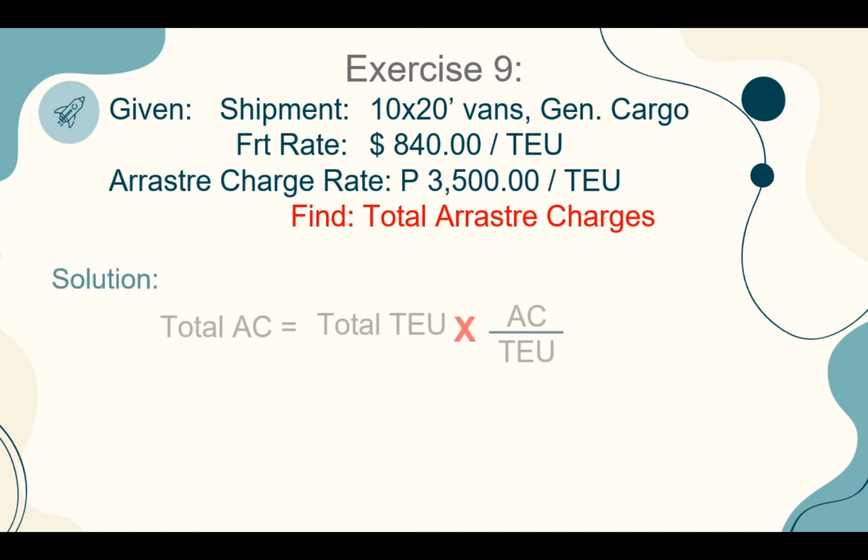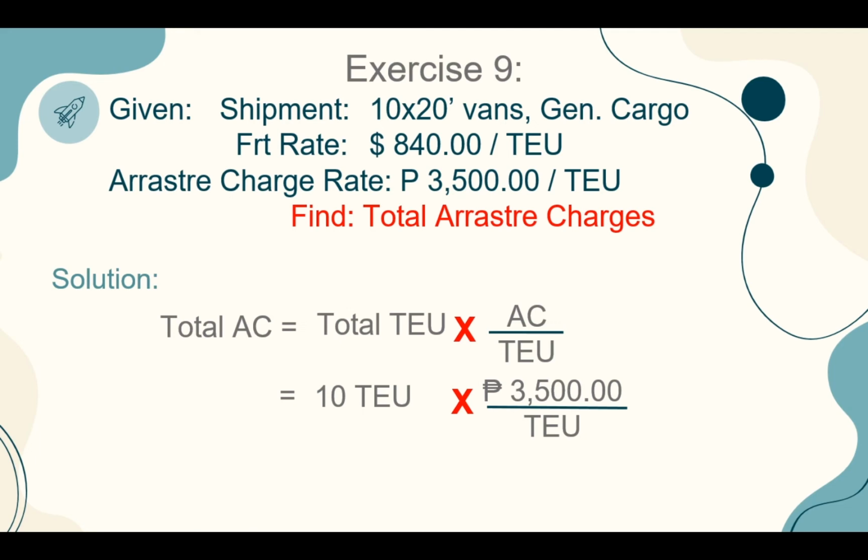So, the solution is total arrastre charge is equal to total TEU multiplied by the arrastre charge per TEU. So, ano ba yung arrastre charge rate natin na per TEU? Diba meron tayong given? So, substitute natin. 10 TEU. Ilan ba yung TEU natin? No? So, sa isang TEU, yan. 10 TEU kasi 20 yan.